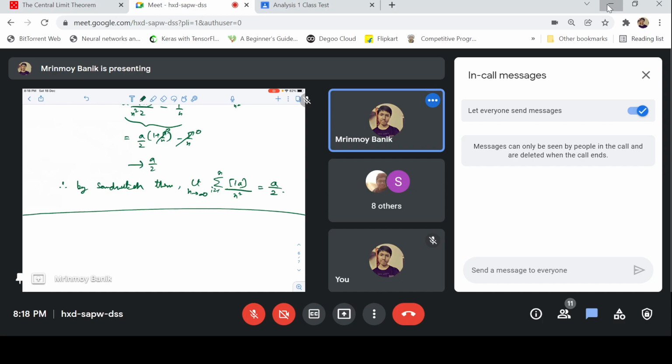Since this converges, we can say there exists some capital N1 such that for all n greater than capital N1, mod of xn minus a is less than this delta epsilon, since xn converges to a.